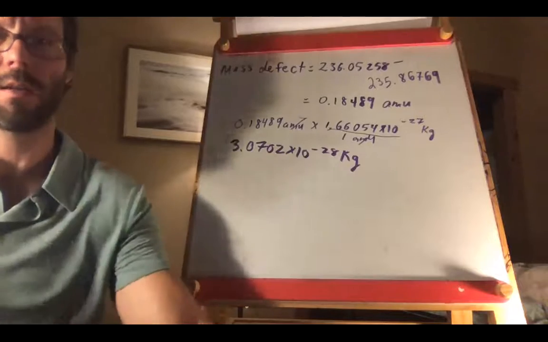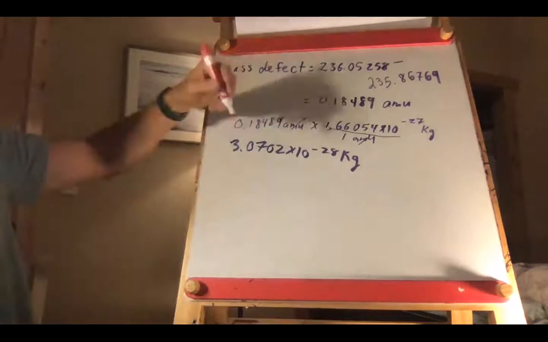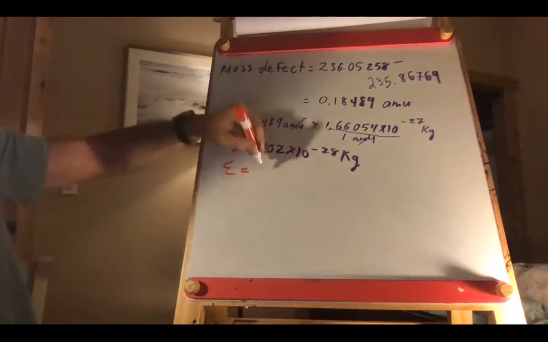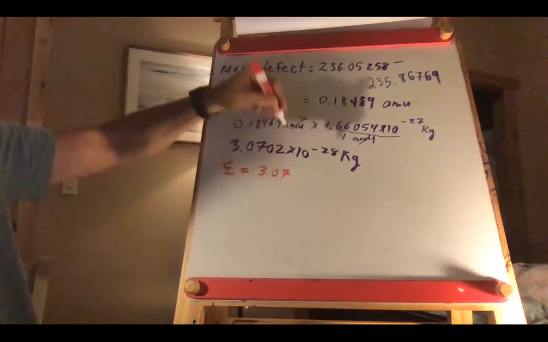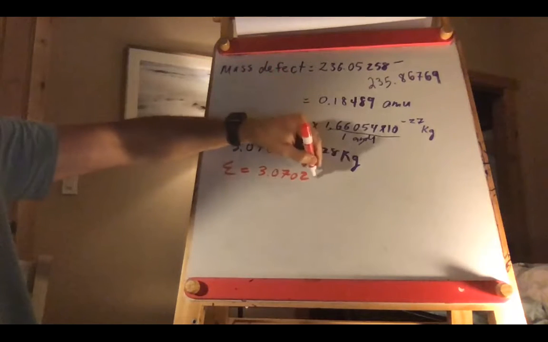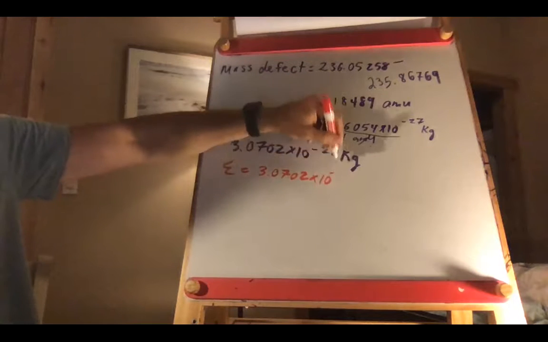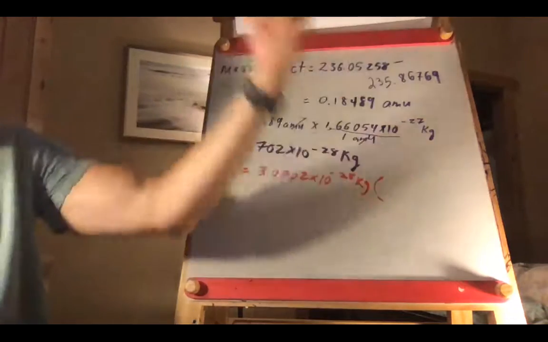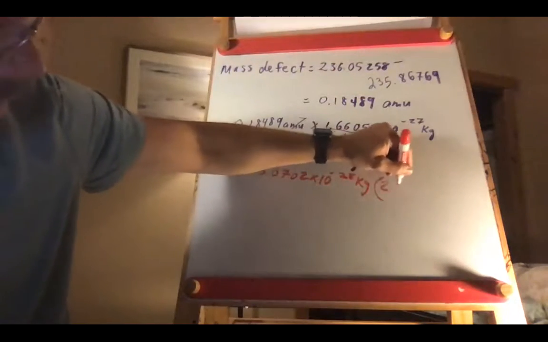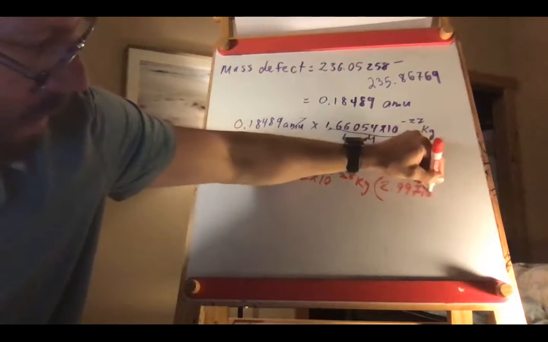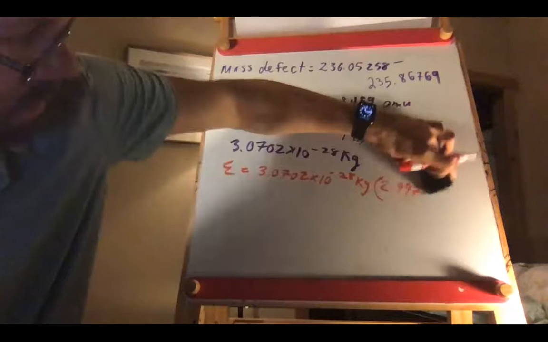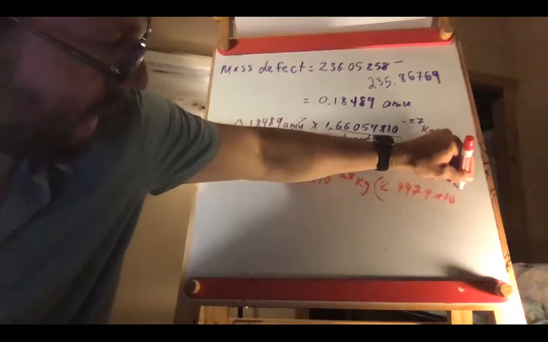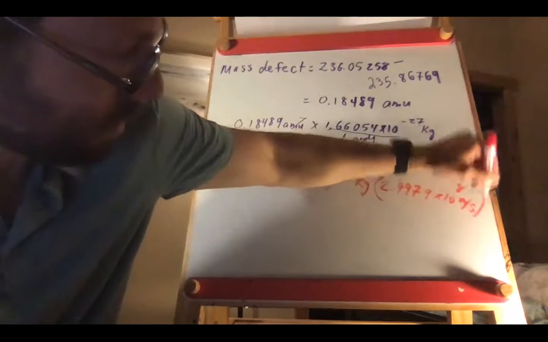E, which is what we want to solve for, the energy, equals 3.0702 times 10 to the negative 28 kilograms times the speed of light squared, which I said was 2.9979 times 10 to the 8th meters per second, squared.